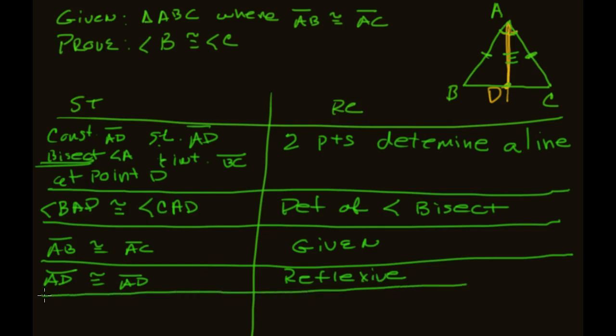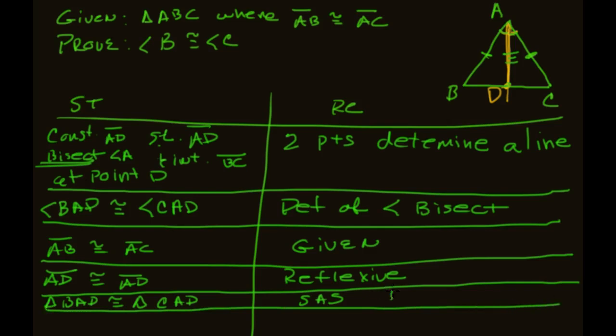Okay, so if you look here, the left triangle and the right triangle, I have sides, I have another set of sides, and I have an angle in between them, which means the triangle BAD has to be congruent to the triangle CAD, and that's by SAS. That's by the SAS postulate, which is one of the 4 ways that I have to prove triangles already.